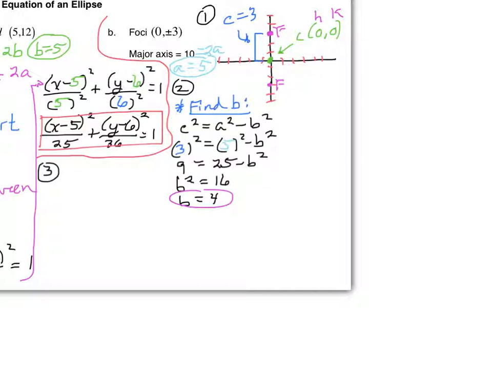So I'm going to use x minus h squared plus y minus k squared. And because my major axis is vertical, that a squared goes underneath the y minus k, and b squared goes underneath the x minus h, and it equals 1. And so then I'm just going to have a template and plug in what I know.